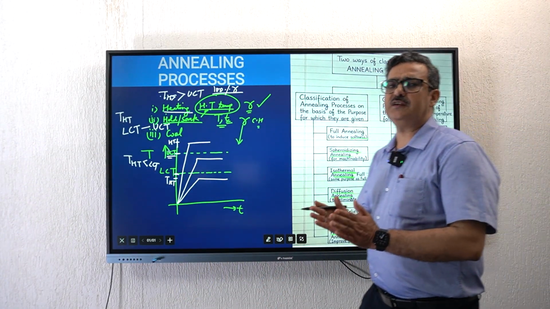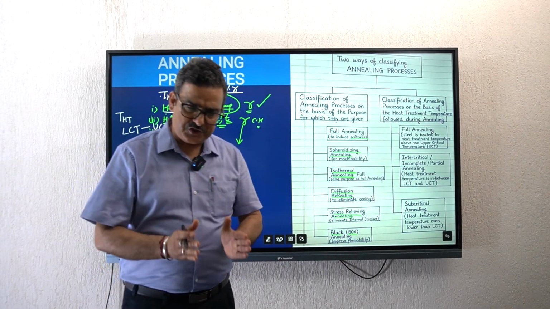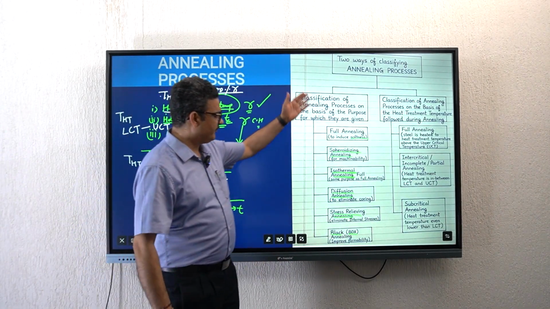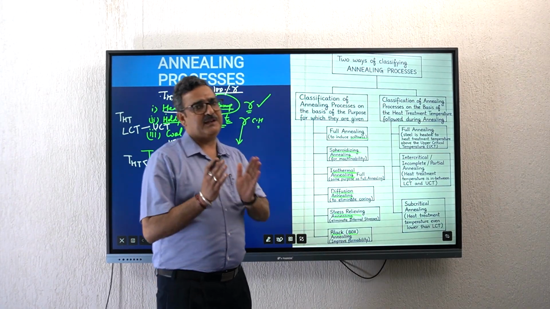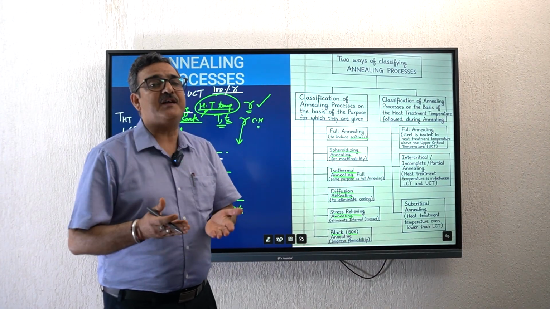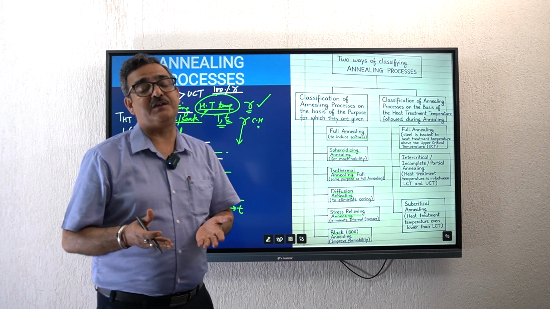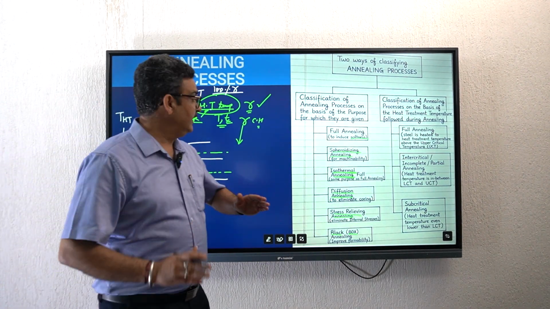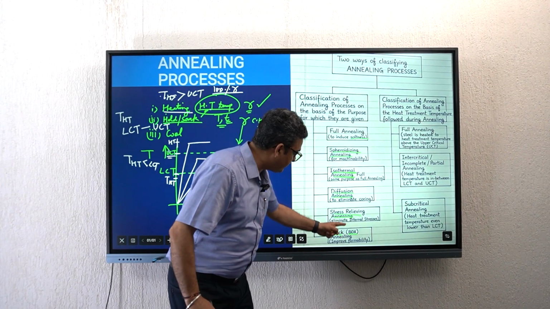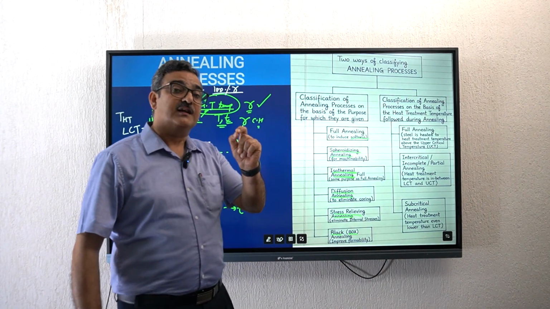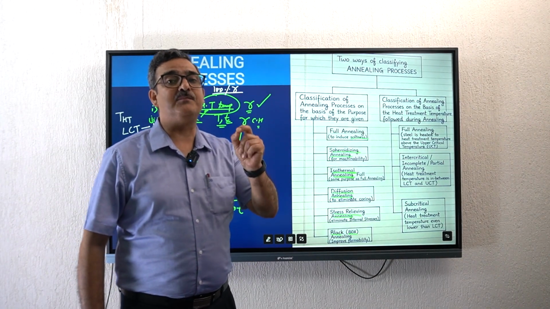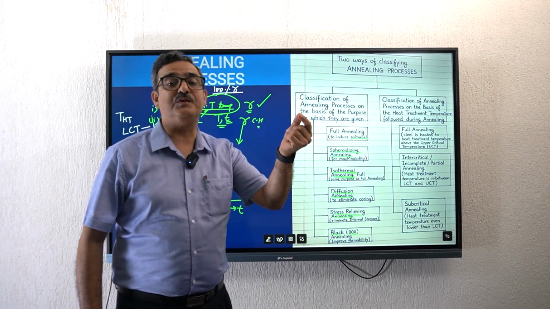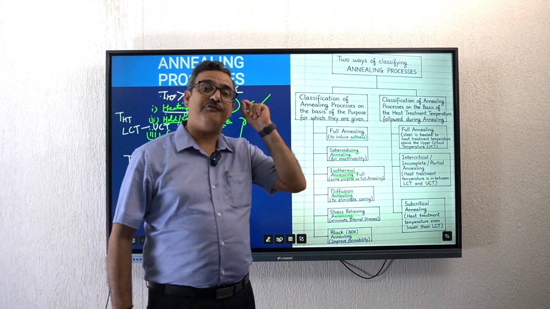So based on the purpose, or the function for which annealing is being given, there are so many different types of annealing. And based on the heat treatment temperature, the austenitization temperature under which annealing is being done, in any of these heat treatment processes, if you take the annealing temperature to be higher than the upper critical temperature of the steel to which the annealing is being given, you are doing full annealing.